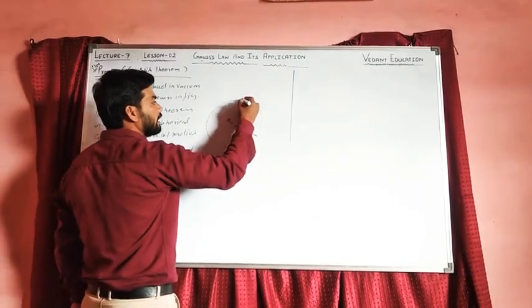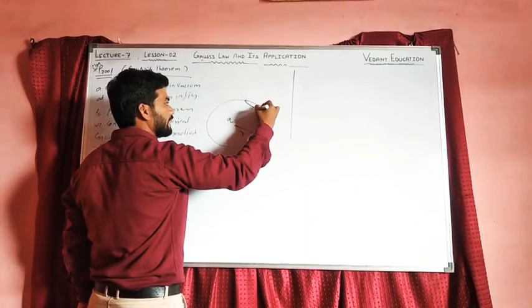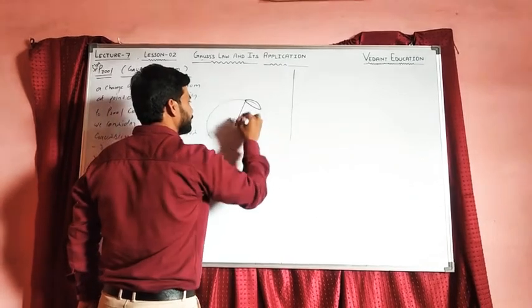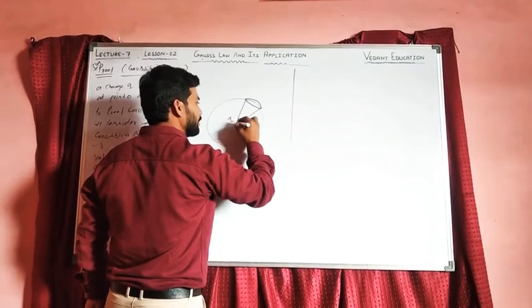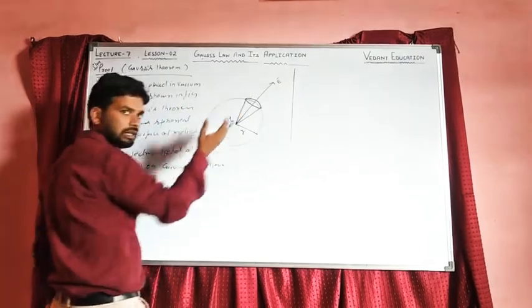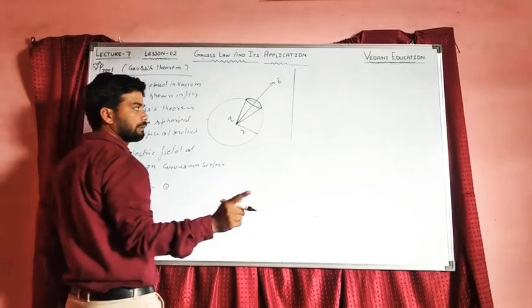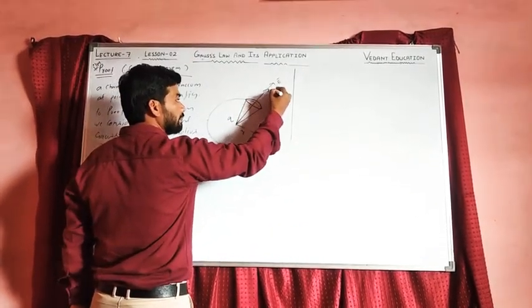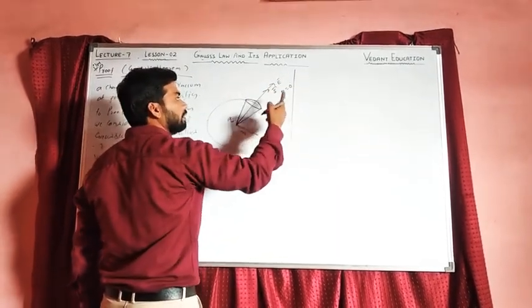Let's consider a small elemental area ds on the spherical surface. Since it is a positive charge, the direction of the electric field vector will be radial, outward from the surface. Radial means perpendicular to the surface, always remember. And the direction of the area vector will also be in the same direction. So here theta will be 0 degree.